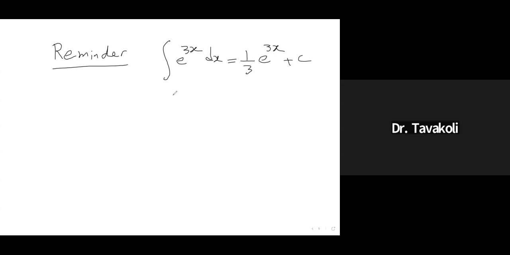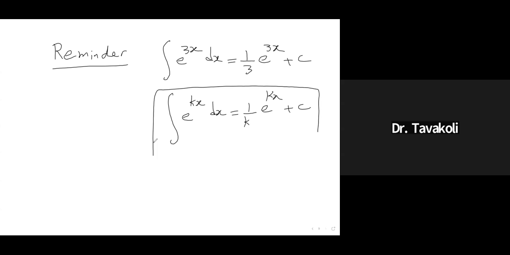So the integral of e to the power of kx dx, where k is a constant other than 0, is going to be 1 over k times e to the power of kx plus c. This is the helpful formula that is obtained by using substitution. So let me keep the general form of that reminder. k is a constant, but definitely it's not 0.